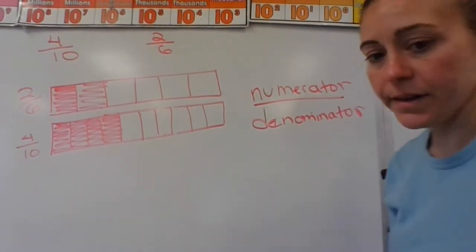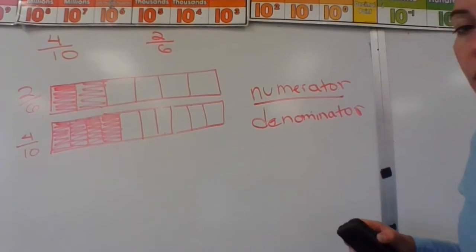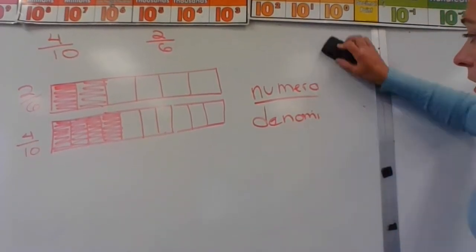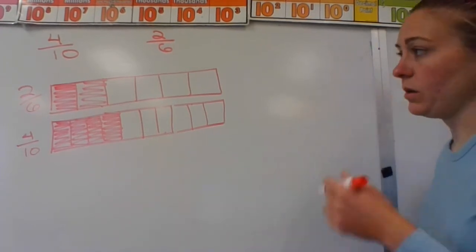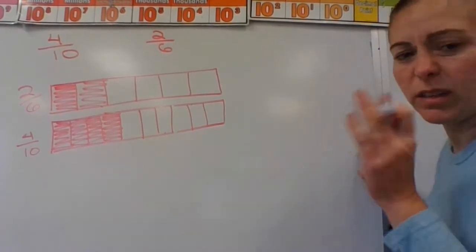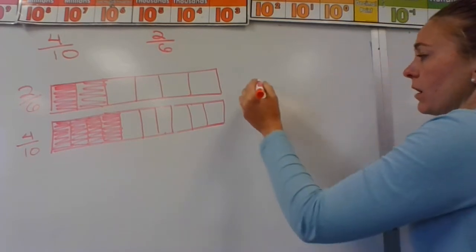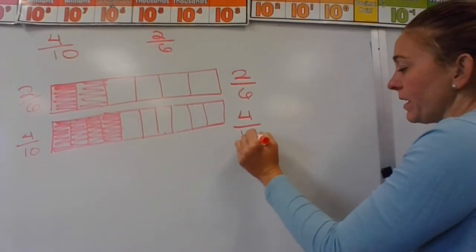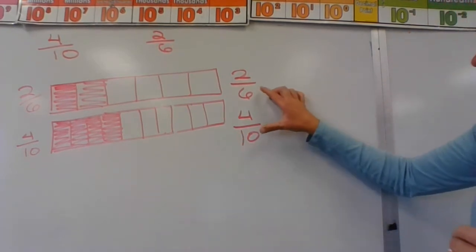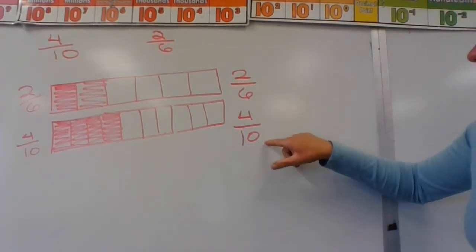Okay, so if I wanted to find the common, let's do common denominators first. Actually, let's do numerators. I like numerators. No, let's do denominators. Okay, so I've got 2/6 and 4/10. I want to have the same number down here, 6 and 10.